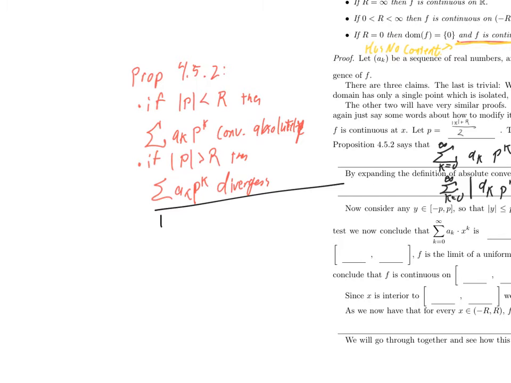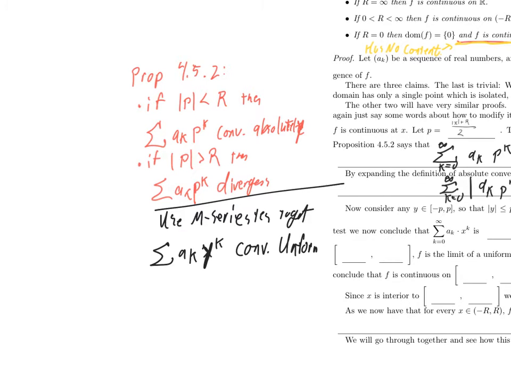I'm going to try to use the M-series test to get the series of a_k x^k, y^k. Right, the x kind of has a job already. To converge uniformly on negative p to p.